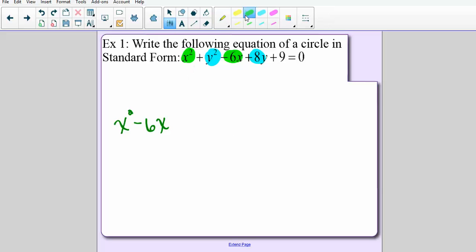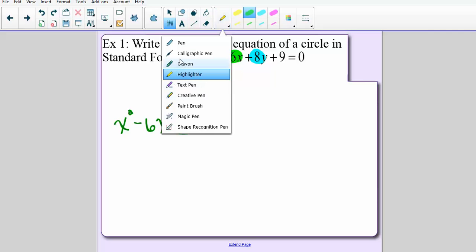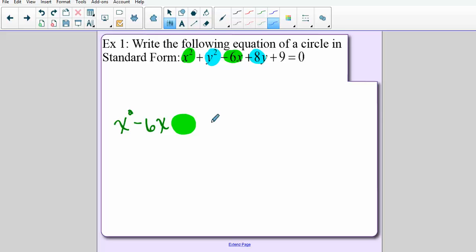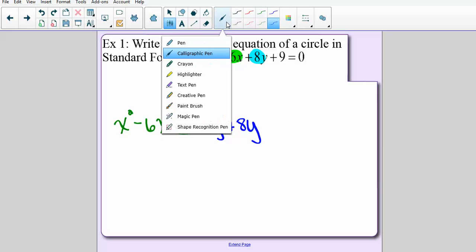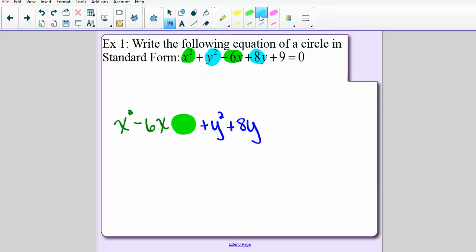If you have highlighters, you can put a little highlighter spot there, but you definitely want to leave a space right there. And then you're going to be grouping your y terms together. So we have a positive y squared and a positive 8y. And then after your 8y, I want you leaving a space. So right here we're going to leave a space. And then you have that plus 9.